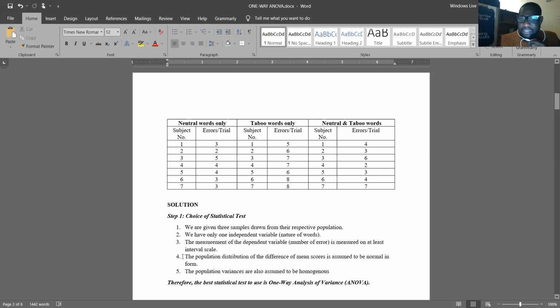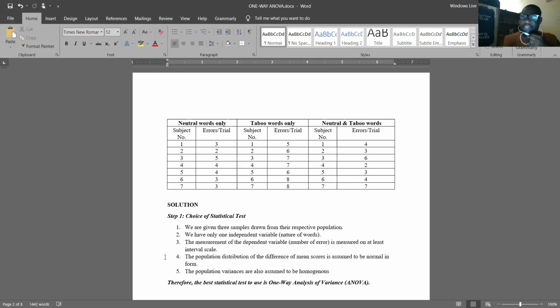Then you state assumption 4 and 5. With that, you just assume, like what we did for independent t-test. We are assuming that the population means of the various groups are normal in form, or normally distributed. And the population variances, again, are homogeneous. That'll be for assumption 4 and 5.